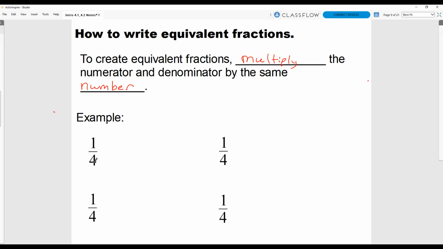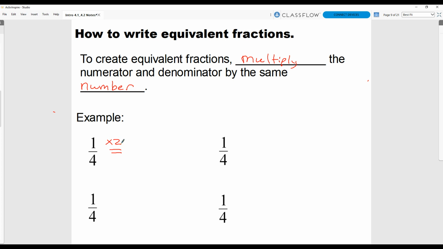So let's say we have 1/4 here, and we want to make a fraction that is equal to 1/4. All you've got to do is choose a number to multiply both the numerator and denominator by, and it needs to be the same number. It can be any number you want. Let's start with a basic one. Let's go with 2.